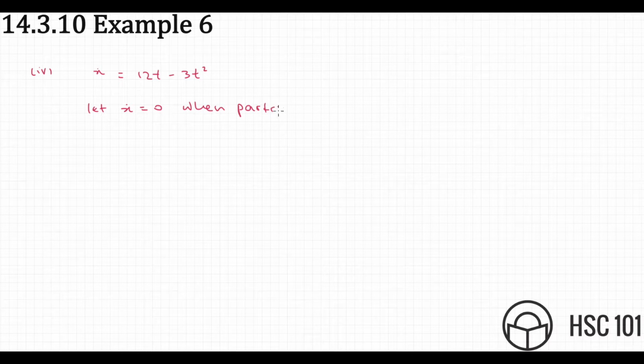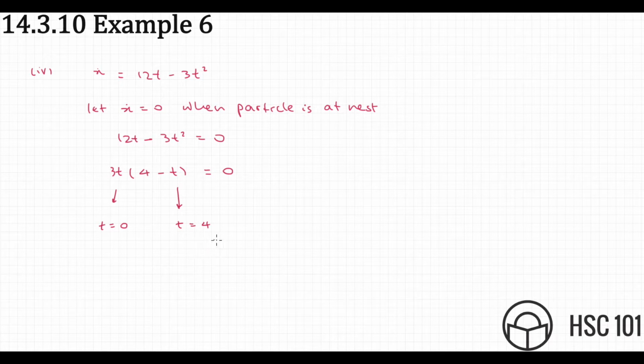Solving 12t minus 3t squared equals 0 is fairly easy. We start by factorizing 3t out, and we've got 4 minus t left over, equals 0. We can say that t equals 0 and t equals 4 are the solutions of this equation. So these 2 points in time represent when the particle is at rest.